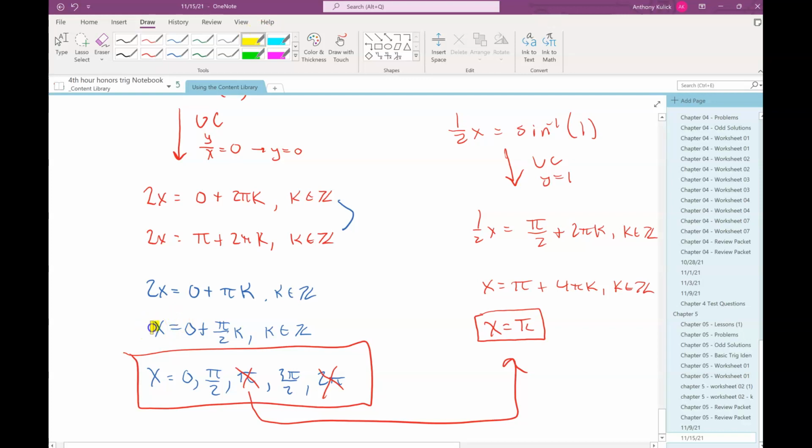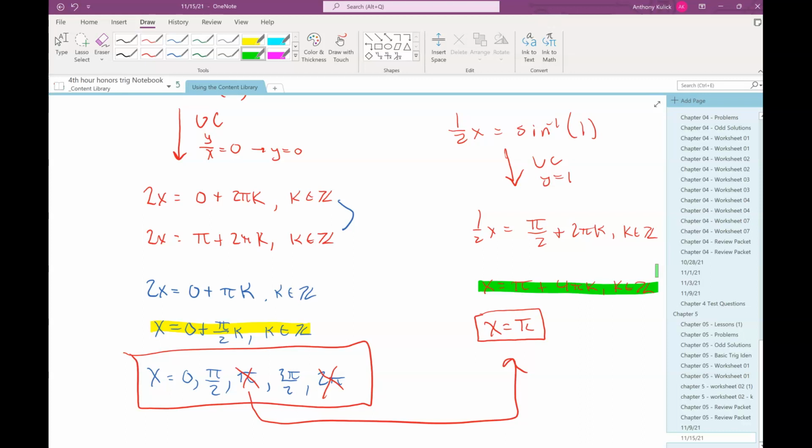Also may be worth noting, if we were listing this as infinitely many solutions, if that's what we were asked to give instead of 0 to 2 pi, the solution in green doesn't even need to be included, right? Every solution in green is going to appear as one of the solutions in yellow, right? If we think about it, yellow goes 0, a half, 1, 1 and a half, 2, 2 and a half, 3, 3 and a half, 4, 4 and a half, 5, 5 and a half, 6, 6 and a half, 7, 7 and a half, 8, 8 and a half, 9.